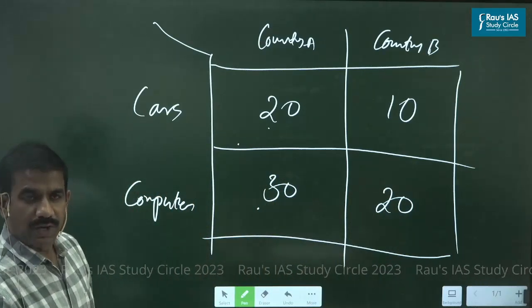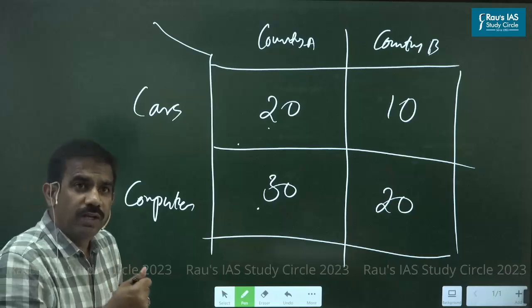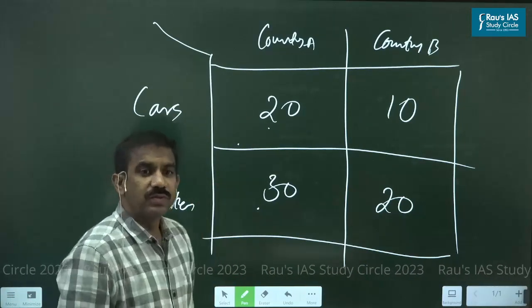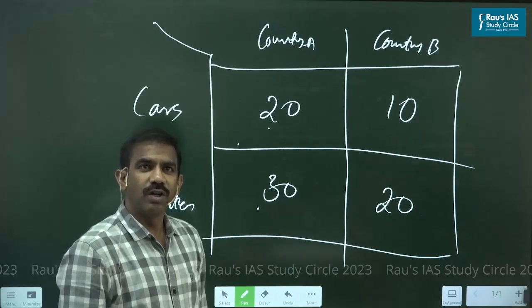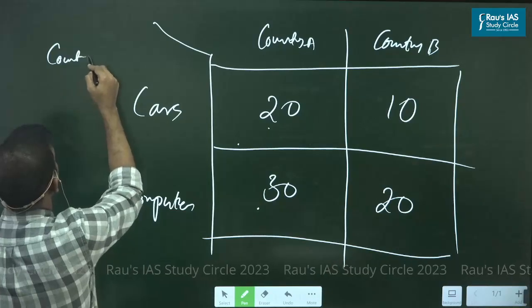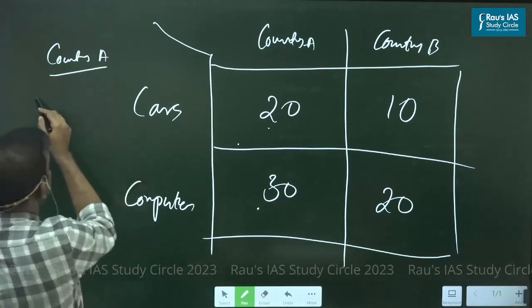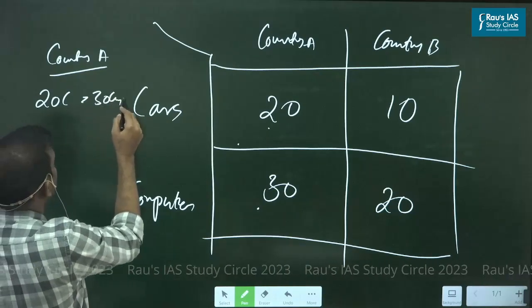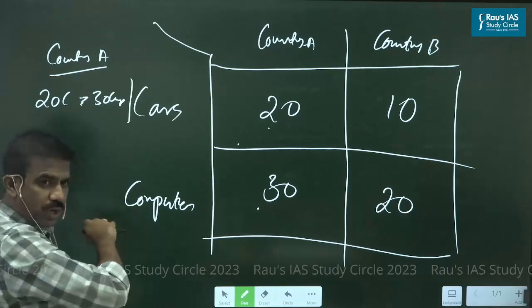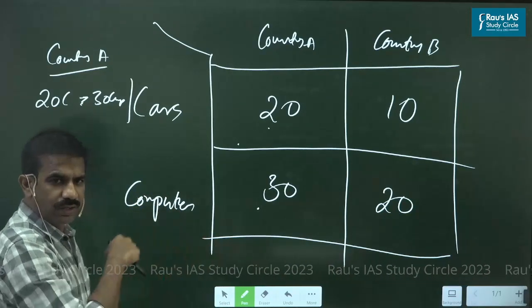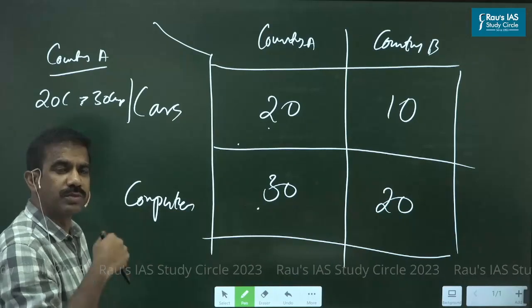But let's look at the opportunity cost, or the marginal rate of transformation. Let's take the case of country A. It could produce either 20 cars or 30 computers. Can I equate them? The output is going to be either this or this, 20 cars or 30 computers.